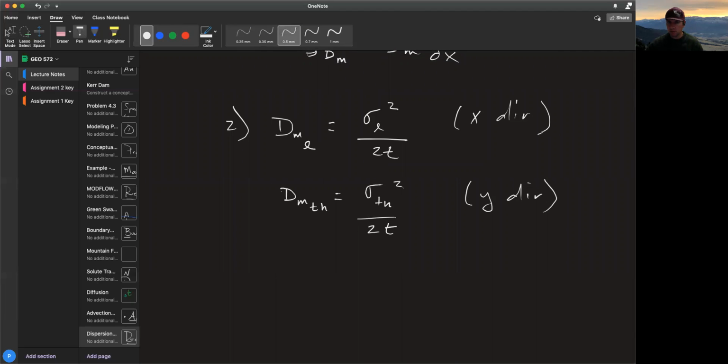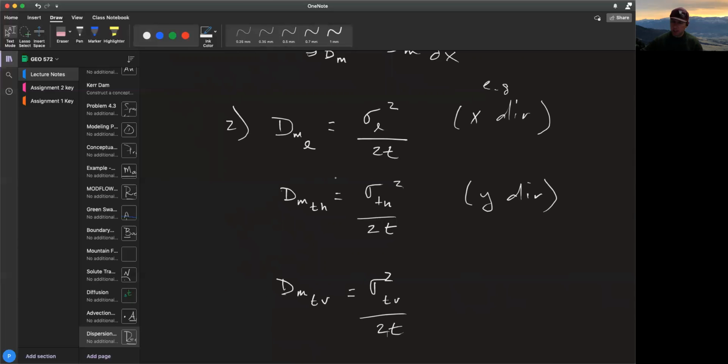So this longitudinal just means in the direction of flow. For our situation here, it's in the x direction. D_m transverse vertical, so mechanical dispersion transverse vertical, would be the variance in the transverse vertical direction over 2t. All right.